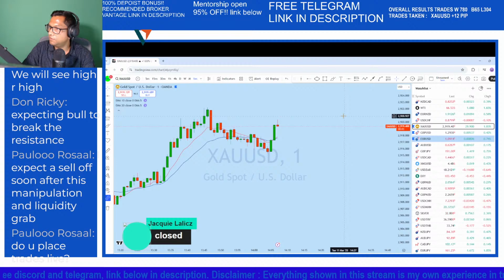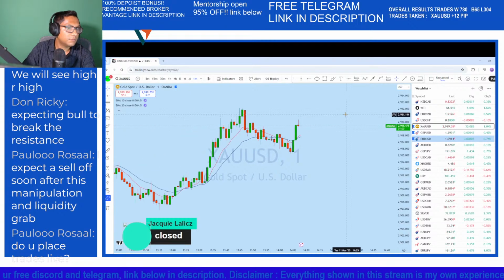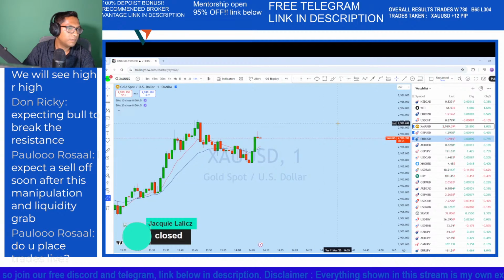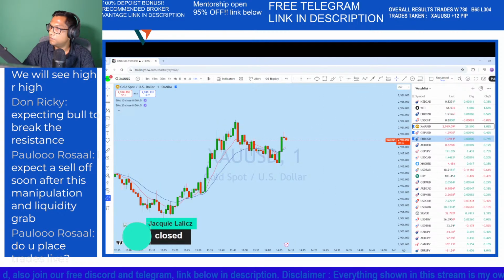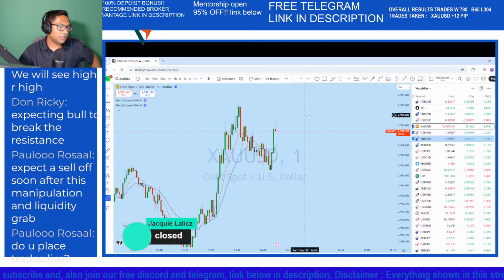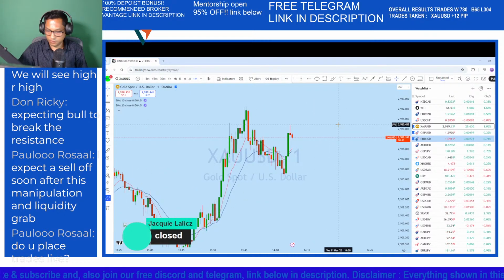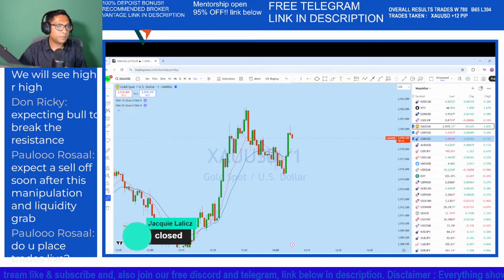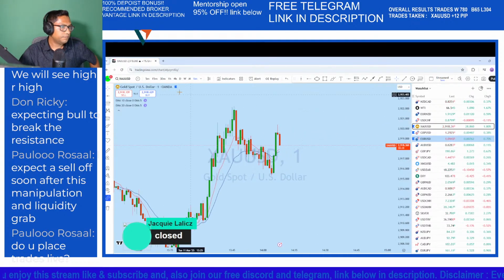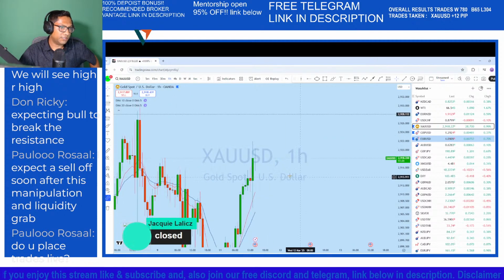Let's form a doji. So there is a narrow doji here. With the 1-hour, we might see another retest.